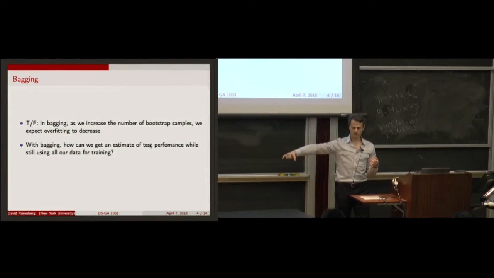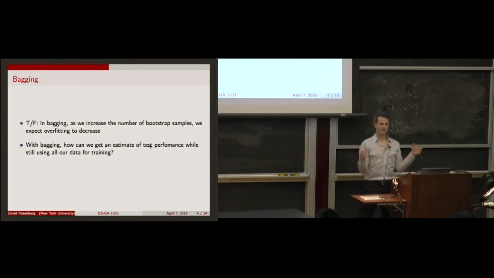And so those things are out of sample for that particular prediction function. So you can use those points as test data for any ensemble involving this particular function that wasn't trained on those things.